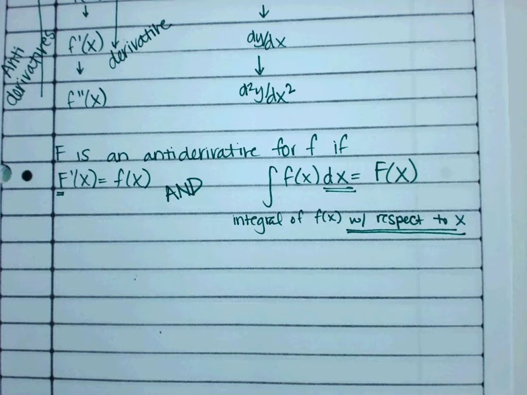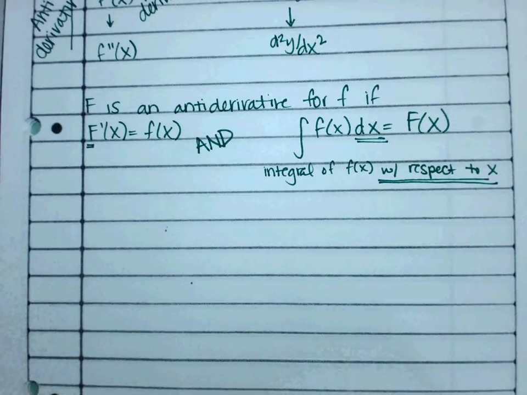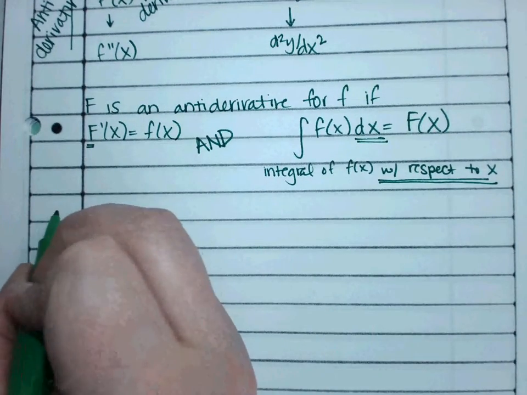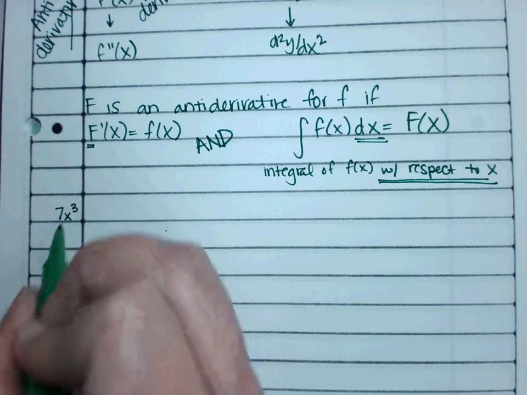Now, the rules for these are not super hard. They're literally the derivative rules, but backwards. So I want you to think about how to take a derivative. Let's just pretend that it's still semester 1. What is the derivative of 7x cubed? What would you do?